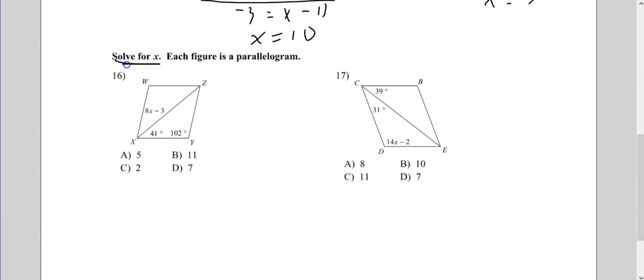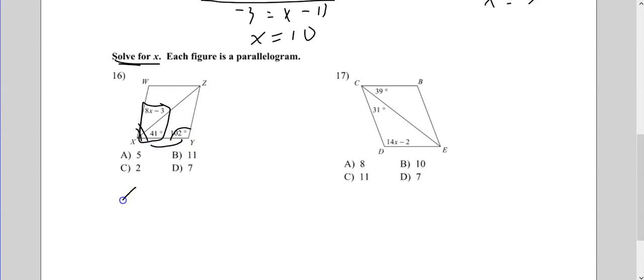Now here it's saying solve for x. Now we're back to talking about angles. Now, this angle is 102. This angle here is split into these two parts, but it's still one angle, which are consecutive angles, x and y.